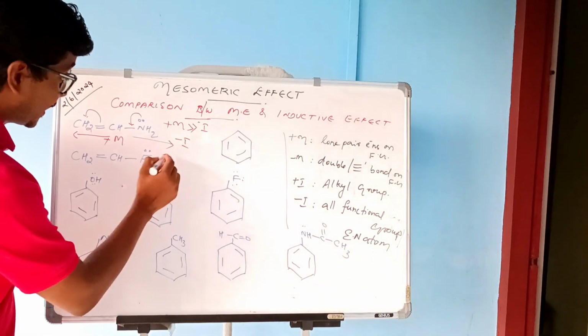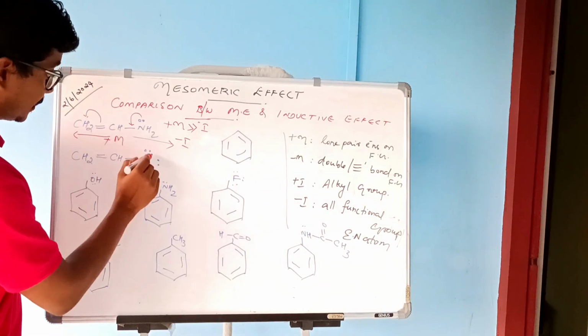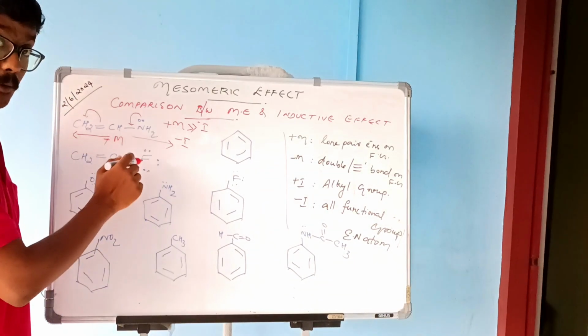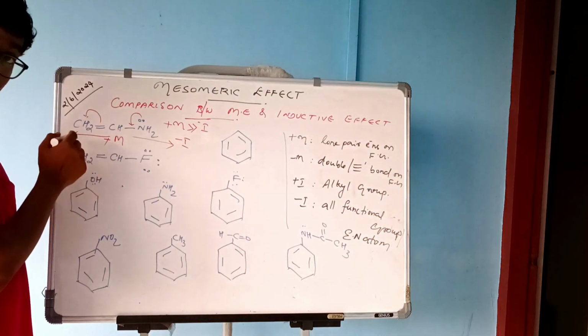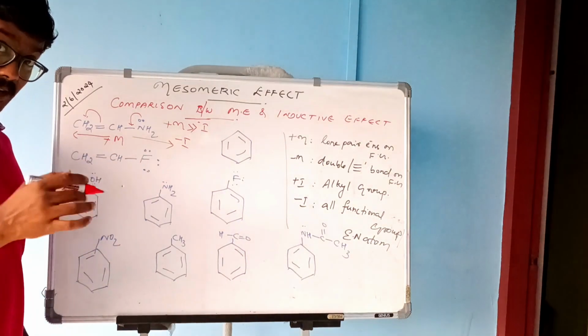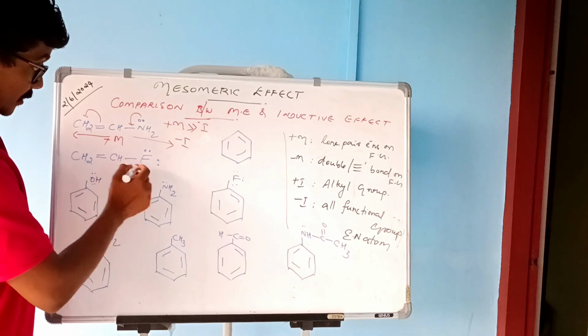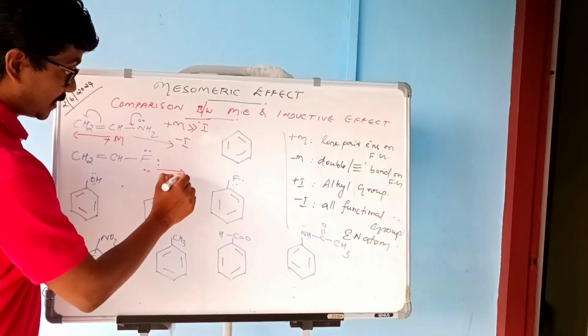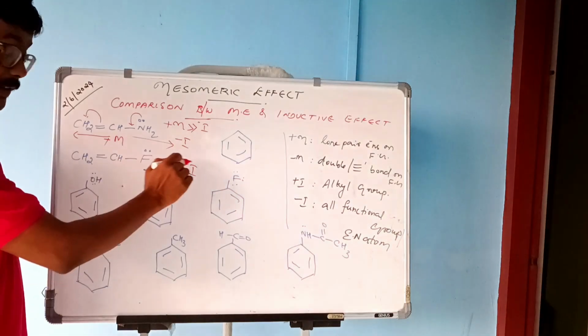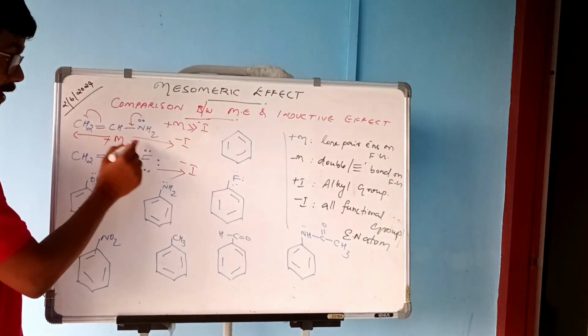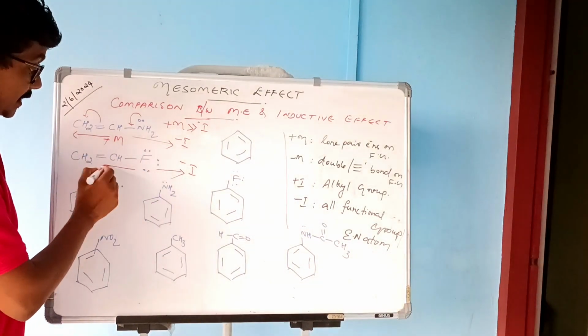There is an exceptional case, which is when a halogen such as fluorine is bonded to a conjugate system. Fluorine is very high in electronegativity, so the direction of the inductive effect is here, and the plus M effect is in this direction.